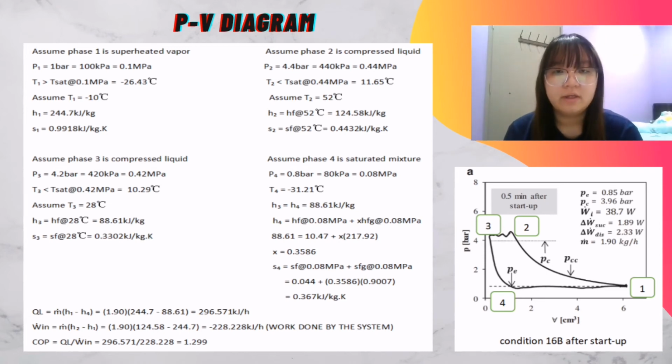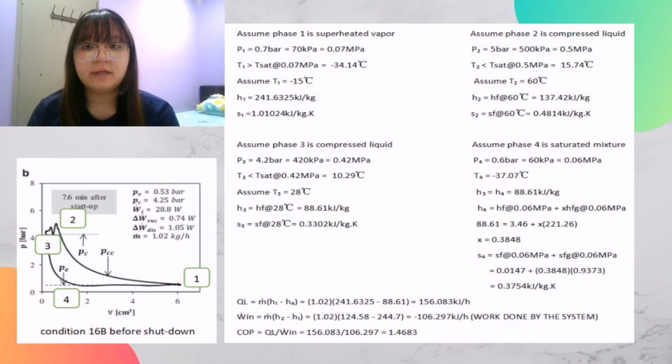And the last one, we can calculate the COP equal QL divided by W in equal 1.299. The calculation that I explained in the previous slide is for condition 16b after startup. The same calculation is repeated for condition 16b before shutdown and condition 32b after startup and before shutdown.